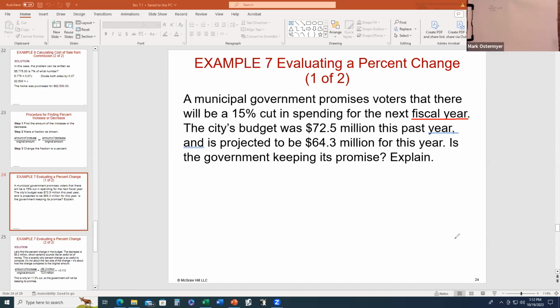All right. Yeah, and a lot of companies probably operate that way. A fiscal year starts on July 1st, ladies and gentlemen, and it runs all the way to June 30th. So July 1st to June 30th is a fiscal year in the business world.